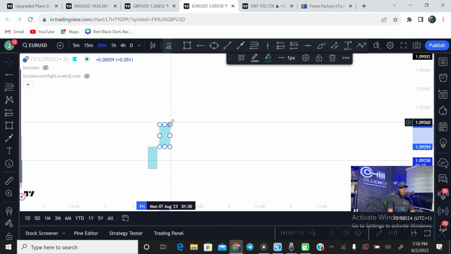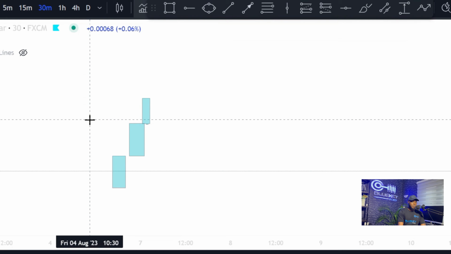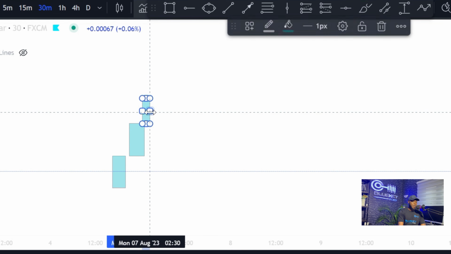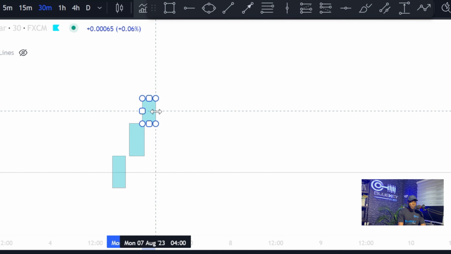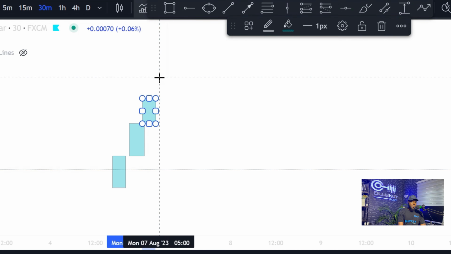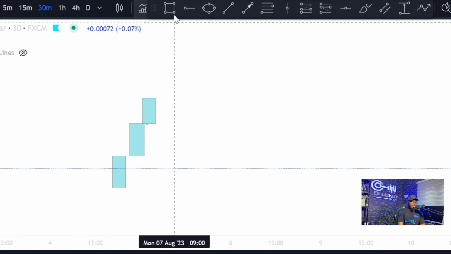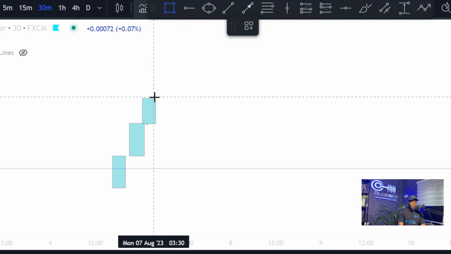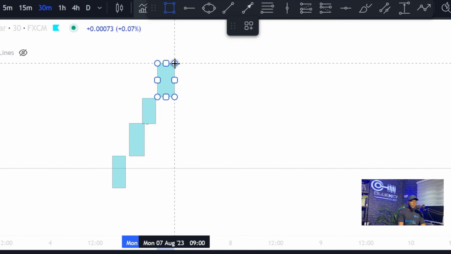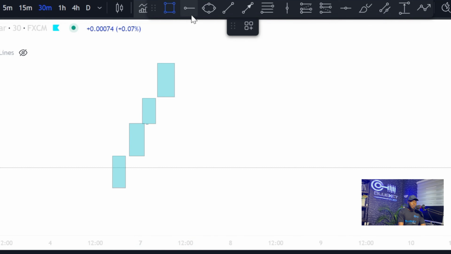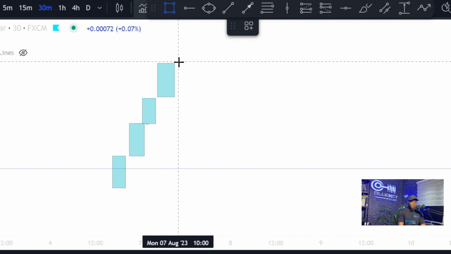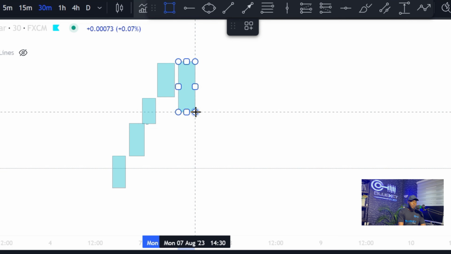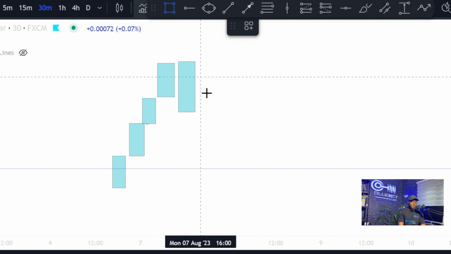Okay, so we have another candle like this. Then we have another candle going up like this again, and then we have something like this, guys.